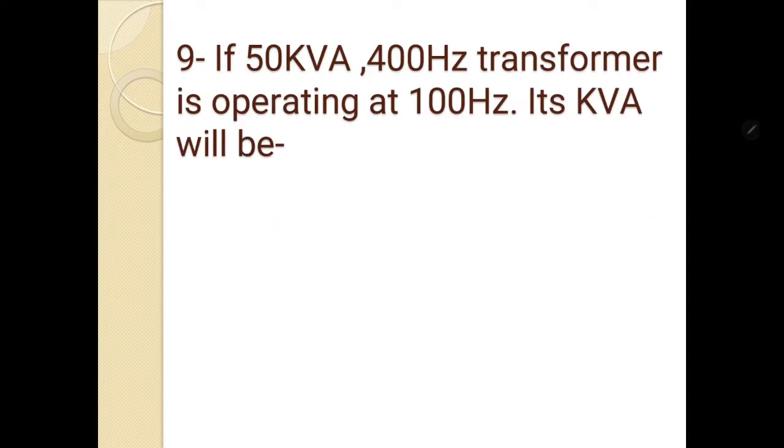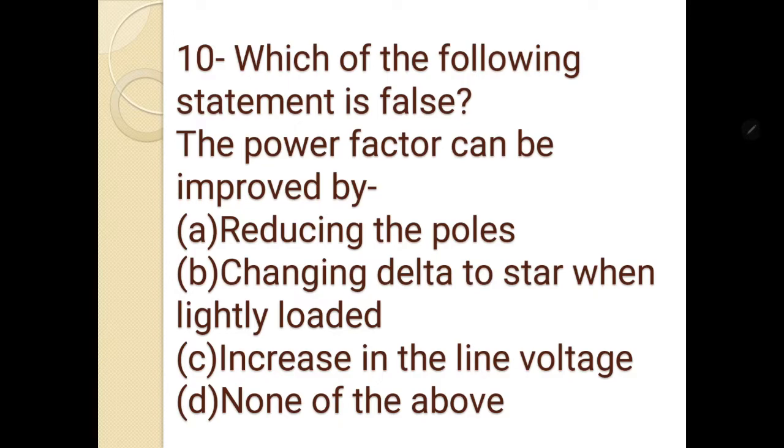Next question is, if a 50 kVA 400 Hz transformer is operating at 100 Hz, its kVA will be. The answer will be 2000 kVA. The next question asked was, which of the following statement is false? The power factor can be improved by reducing the poles, changing delta to star when lightly loaded, increase in the line voltage, or none of the above.